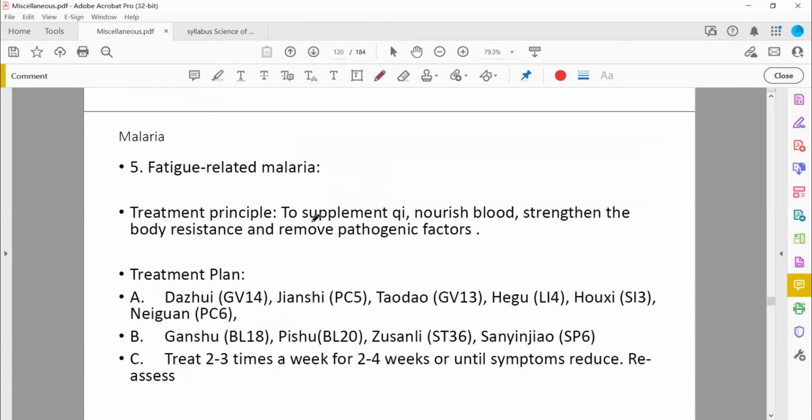To supplement qi, nourish blood, strengthen the body resistance, and remove pathogenic factors. So still use these basic points and use Ganshu, BL18, Pishu, BL20, Zusanli, ST36, and SP6.